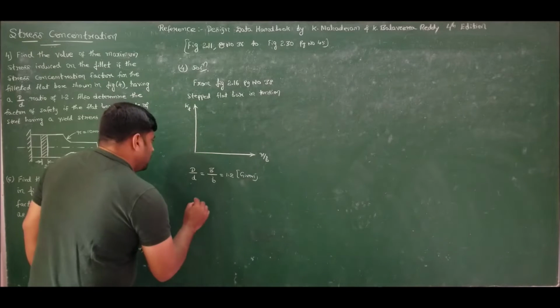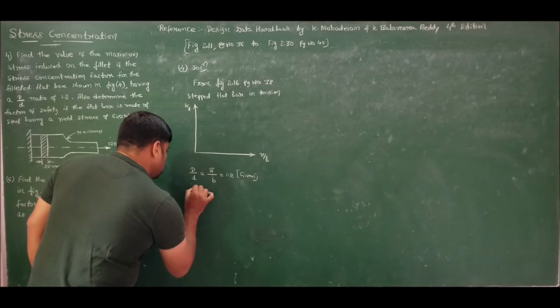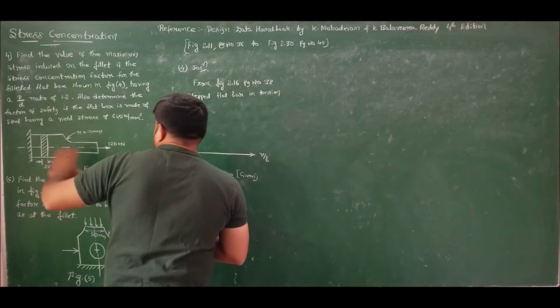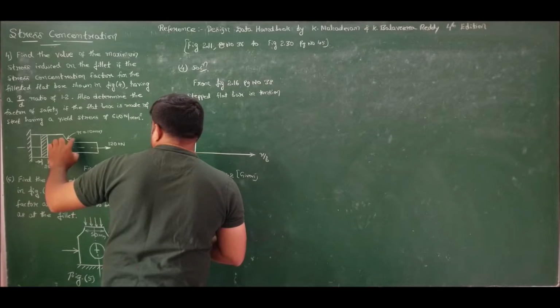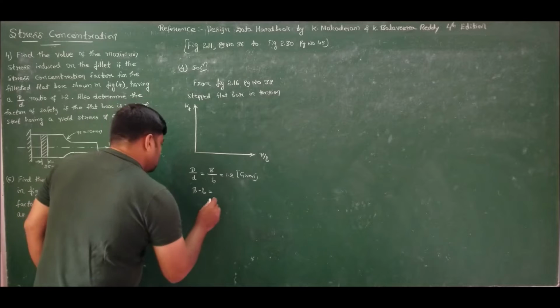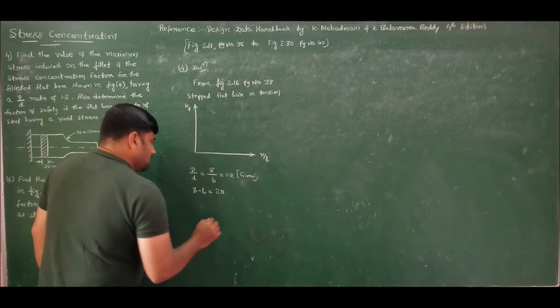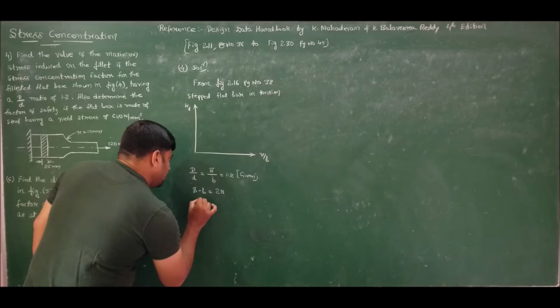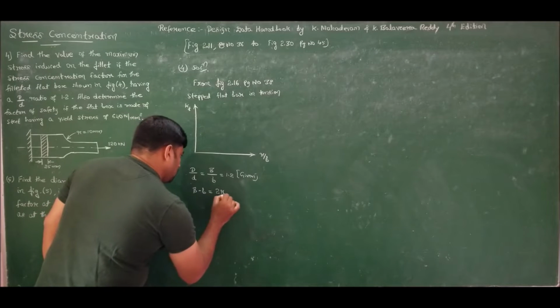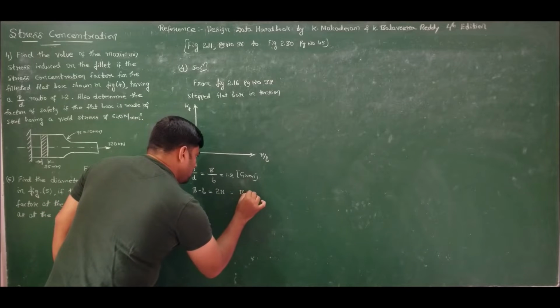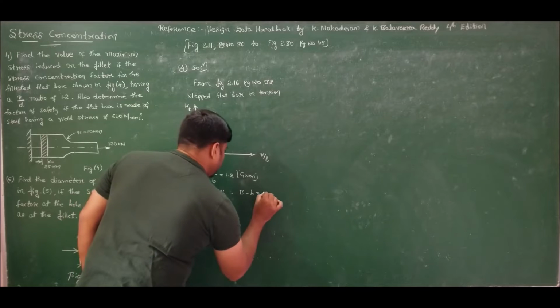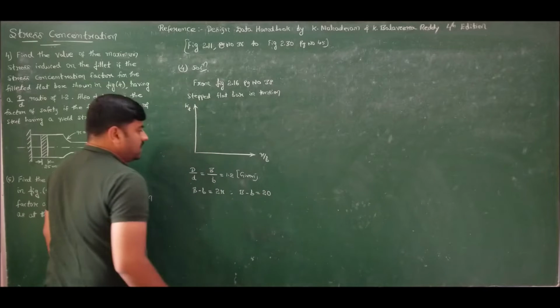That is, from the given figure, I can write capital B minus small b is equal to 2r, which turns out to be capital B minus small b is equal to 20. This is one equation we have.